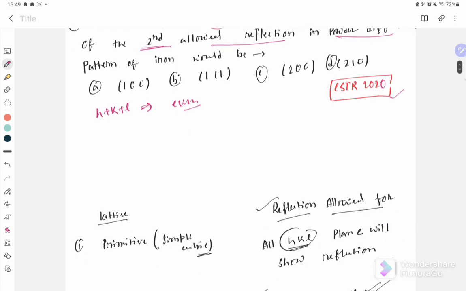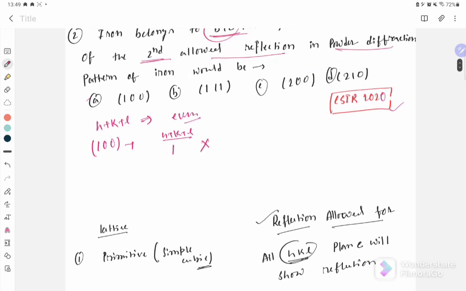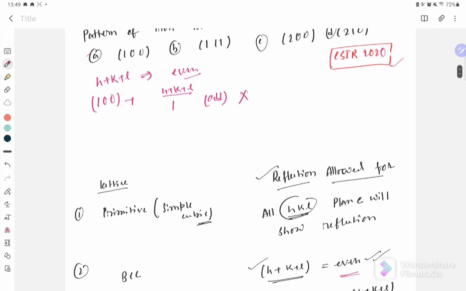We will start from option A. Option A is 1 0 0, h plus k plus l is 1. So it doesn't satisfy the condition for BCC. So this is odd, so not the option.